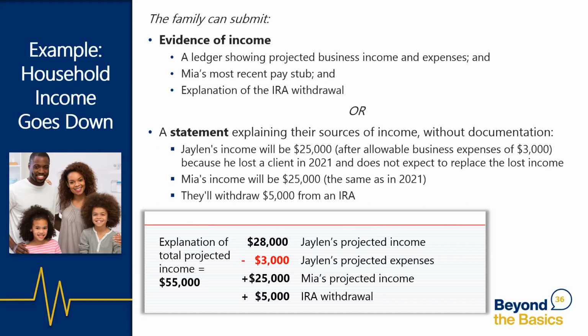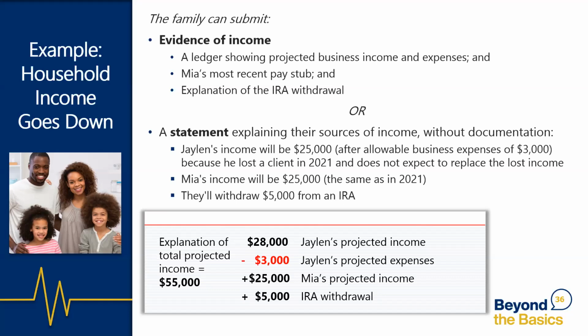Or, as I mentioned before, they can submit a statement that just explains their source of income without having to submit pay stubs and other sort of formal documentation. If we just do the math and they write a short explanation of their income, they can hopefully have this DMI resolved.